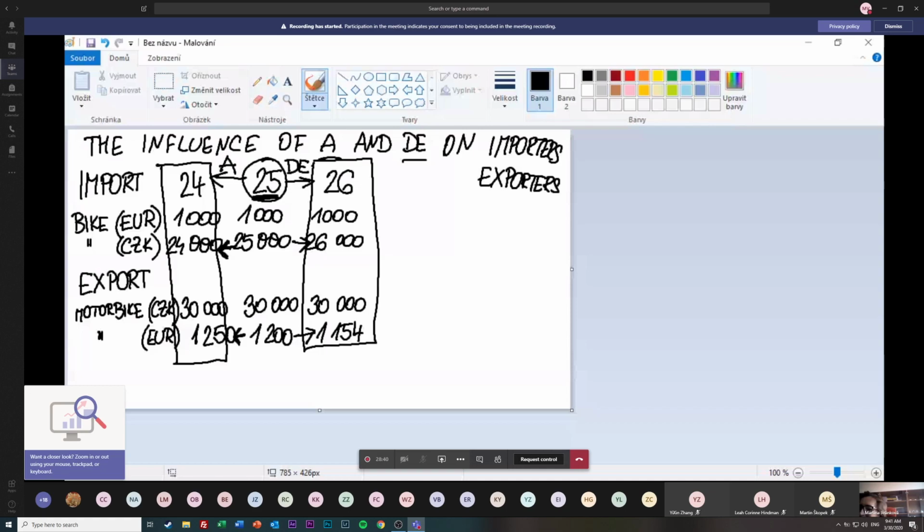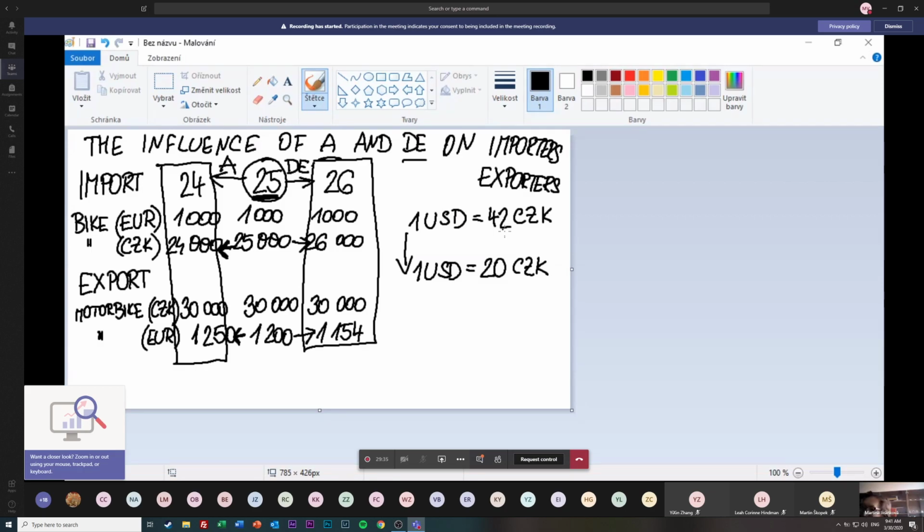More than 20 years, maybe 25 years ago, I remember that $1 US dollar was about 42 Czech crowns, and now it's about 20 Czech crowns. So you can see the steady appreciation of the Czech crown. Very strong appreciation. It took about 25 years.